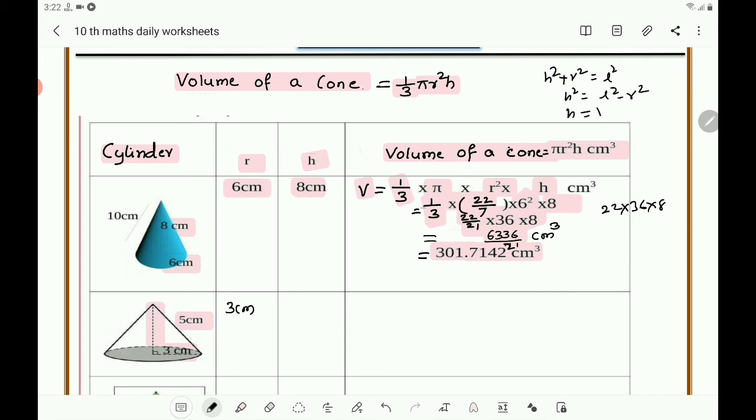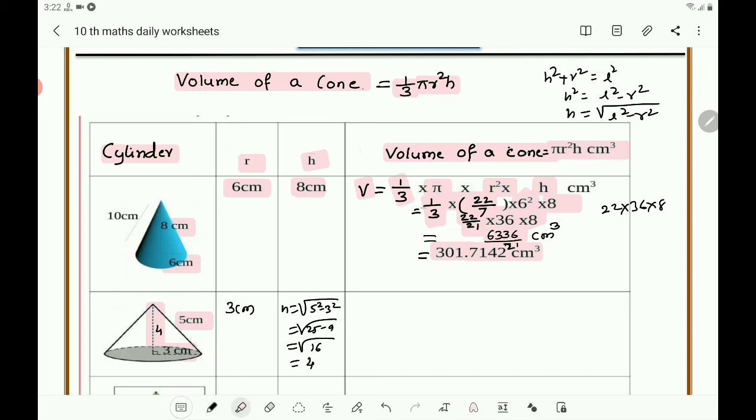Then H equals root of L square minus R square. That you have learnt in 9th standard. So to get H, H equals square root of 5 square minus 3 square. You will get 25 minus 9, which is equals to square root of 16, which is equals to 4. So here H is 4.